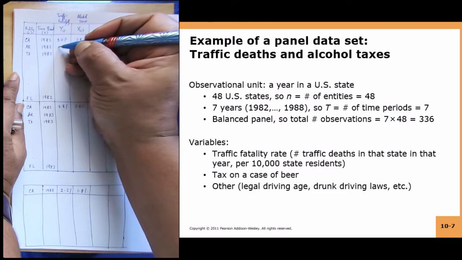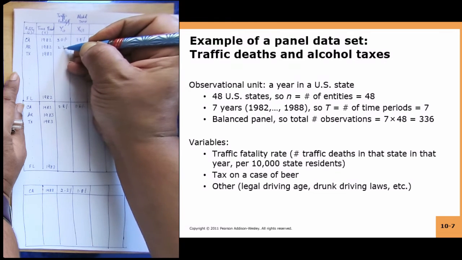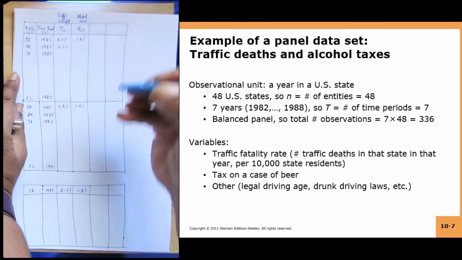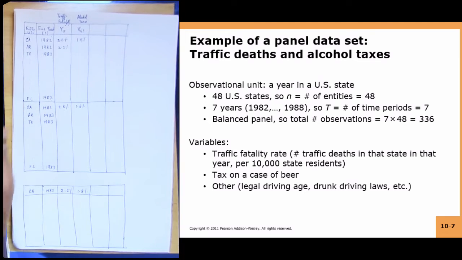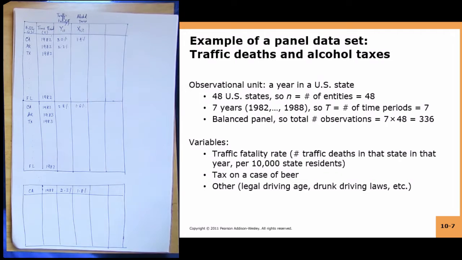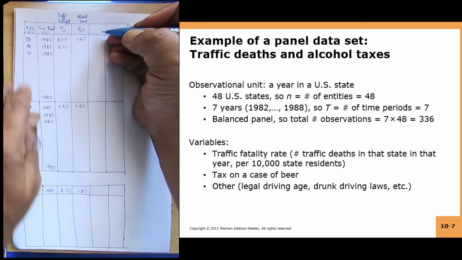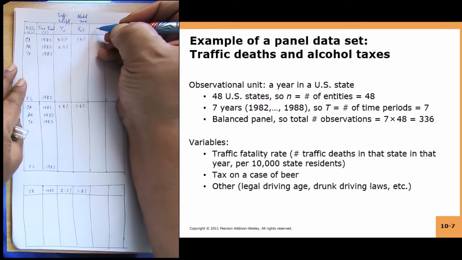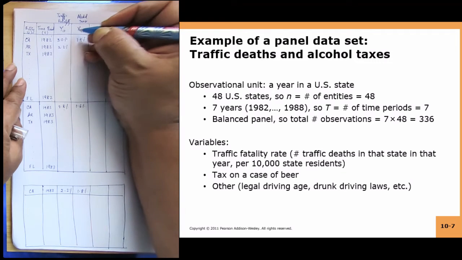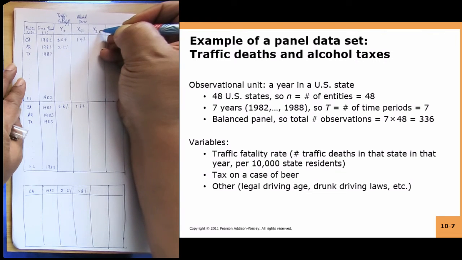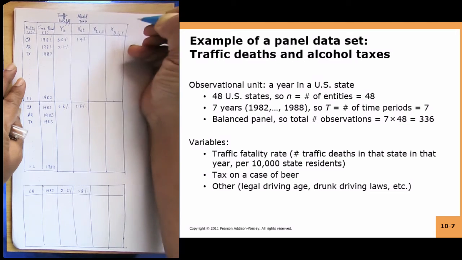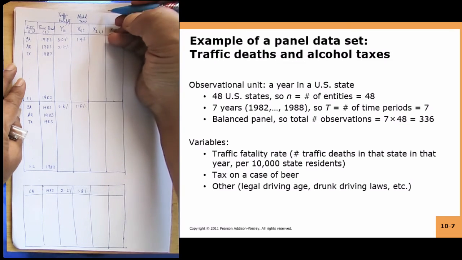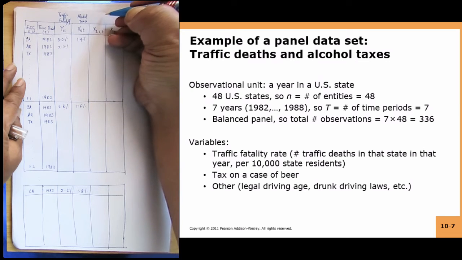Arizona may have, for instance, a 2.2% traffic fatality rate, and so on. You may have other independent variables such as x2; this was x1, this is x2 it, this is x3 it, and this might be legal driving age.